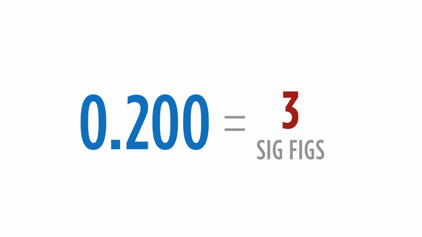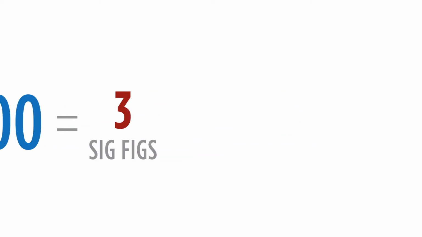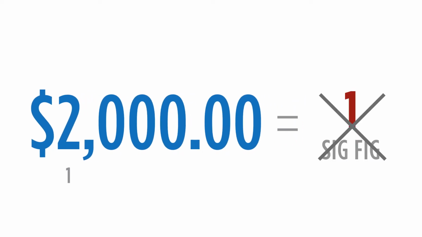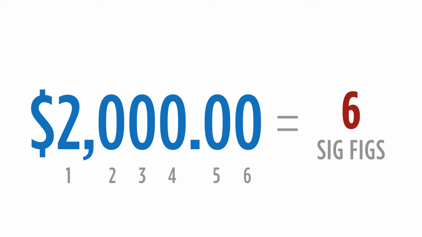Here the zeros are telling us something about the accuracy of the number. Another example, let's say we had 2,000. Because it contains a decimal place, we have not 1 significant figure, not 4 significant figures, but 6 significant figures.